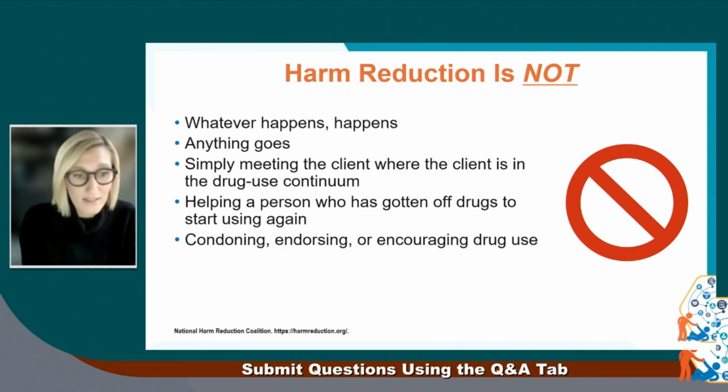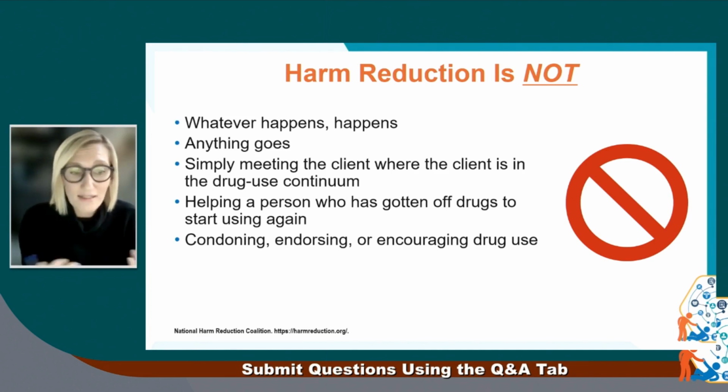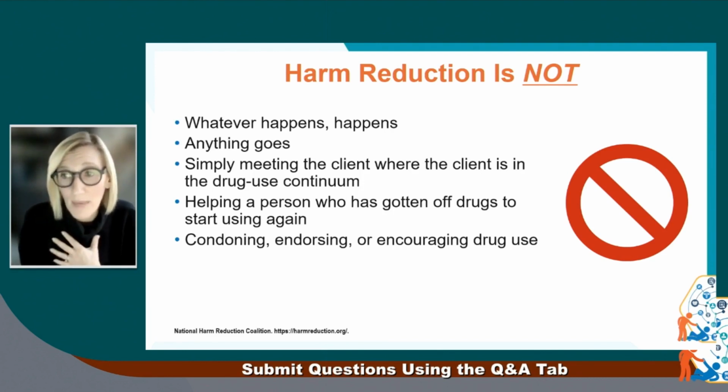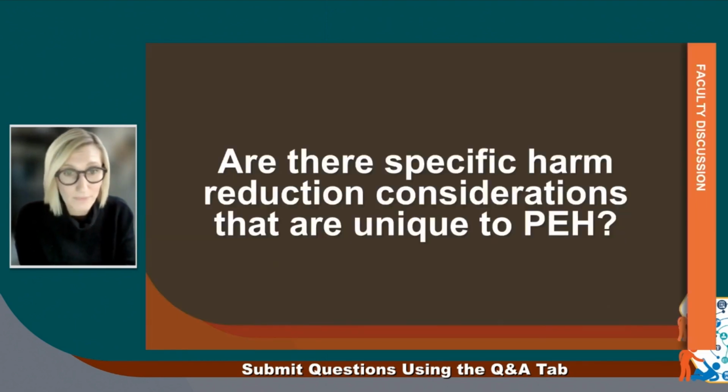And it's not helping a person who's gotten off drugs start using again. And it's not condoning, endorsing, or encouraging. It really is just acknowledging that this person is where they are, that they are engaging in some sort of activity or environment that may put them at risk, and helping them to understand how they may be able to keep themselves safer.